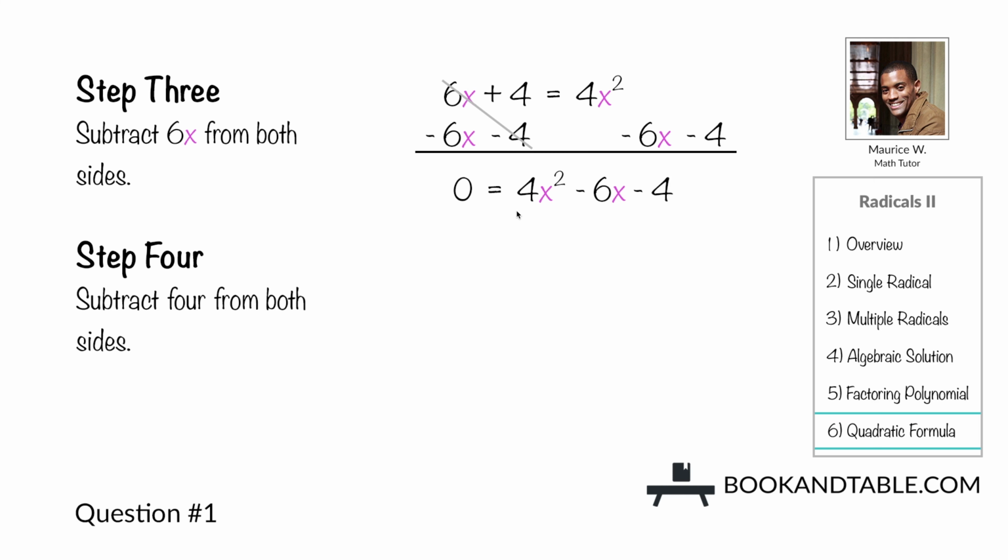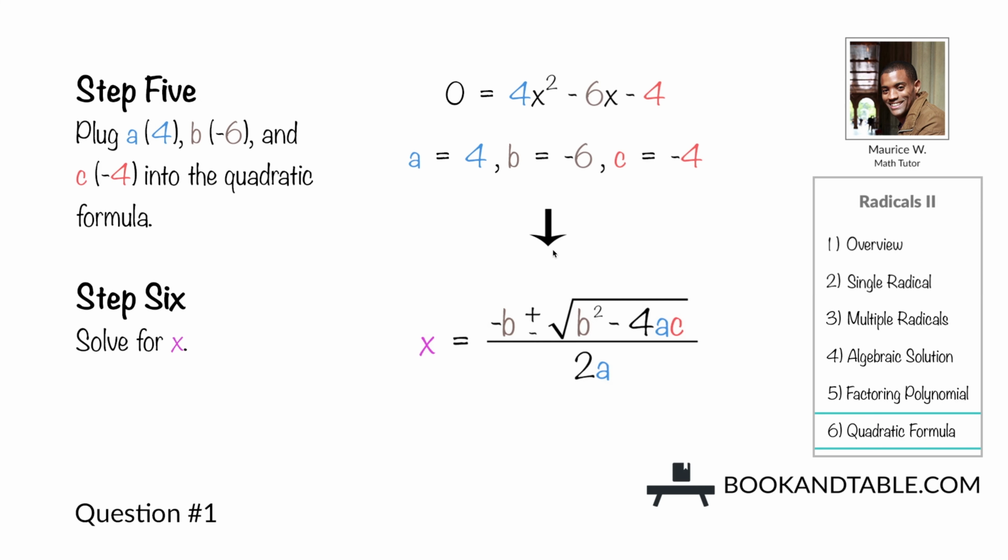So we want to plug a, b, and c into the quadratic formula. So that's step 5. So a is the coefficient of x squared, so that's 4. b is the coefficient of x, so that would be negative 6. And c is the constant without the variable, which would be negative 4.